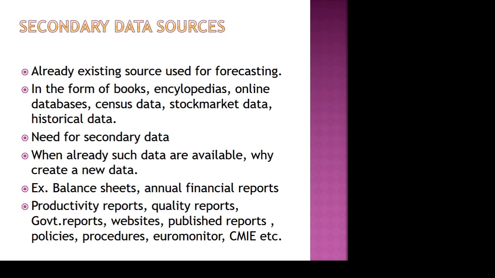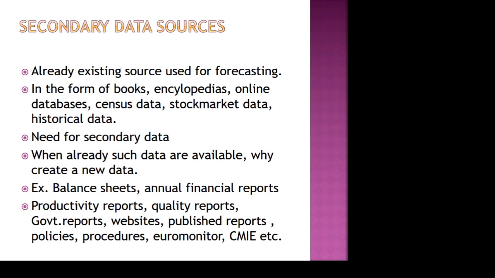Performance data could be found on Euromonitor. And then in our country, we have something called CMIE, Center for Monitoring of Indian Economy. So if you go to their website, you would find all the information about sectors of business economy in our country.